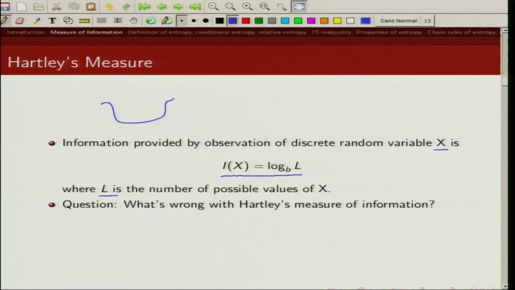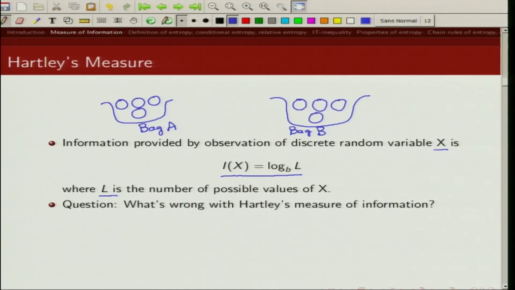Now there is a problem with Hartley's measure of information, and what is that? To illustrate, let us consider a bag containing two types of balls, blue balls and red balls. Let's say there are two bags, just call them bag A and bag B. Each bag, let's say, has 4 balls.